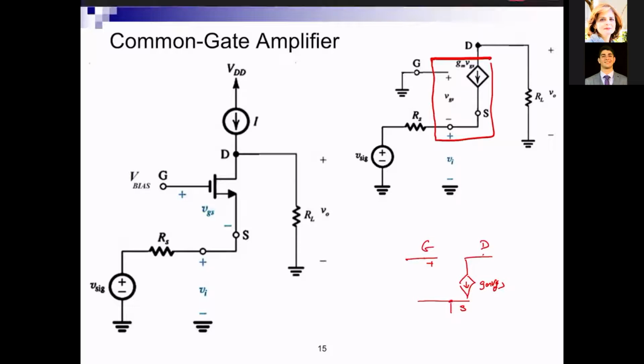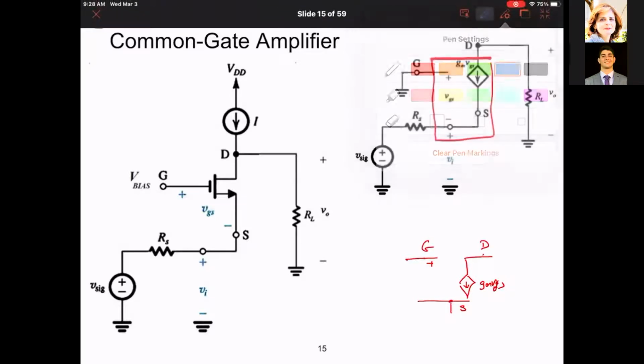And then I try to add the rest of the circuit. At G I have DC in small signal analysis. At node S I have connected RS and VSIG, so might as well connect it here. Okay, and this is RS and VSIG.